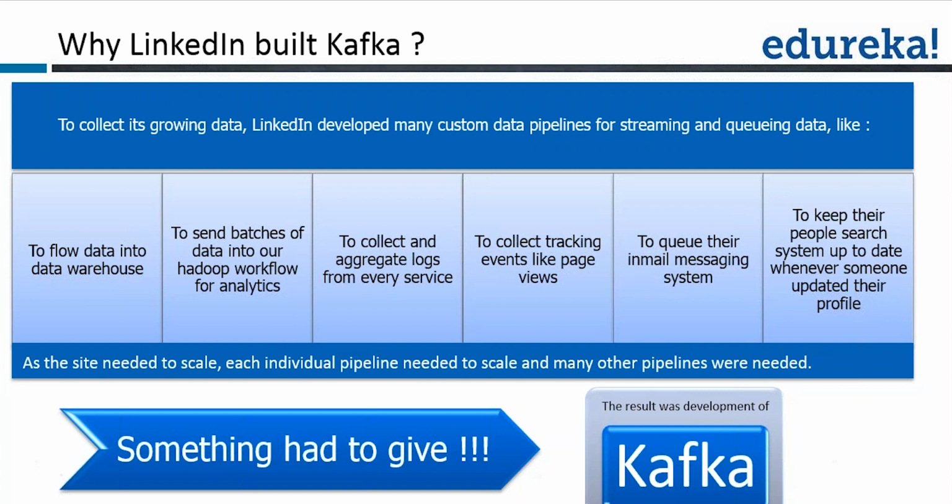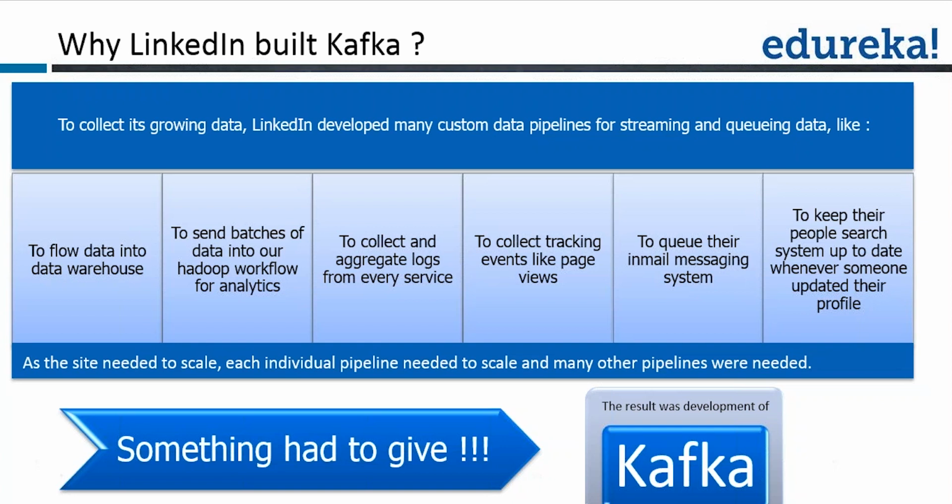If they have 10 or 20 services running on different containers, the role of Kafka was to collect the logs from all the different containers and push to Kafka. From Kafka, they were using an application like Camus or Gobblin. Earlier it was Camus, and now they use Gobblin to pull the data from Kafka and push to HDFS. On top of that, they can run analytical algorithms to analyze the data.